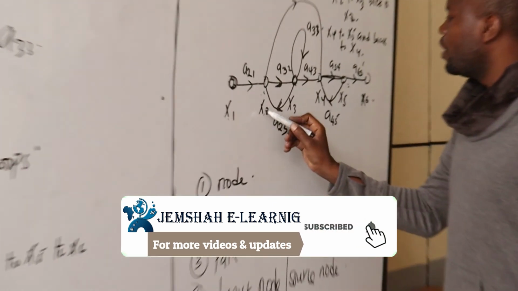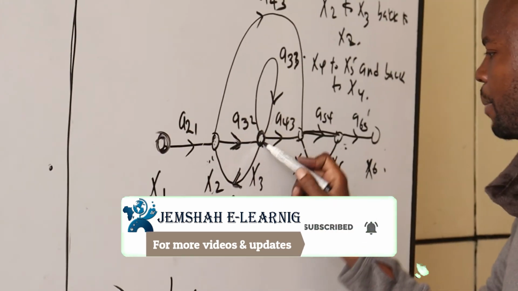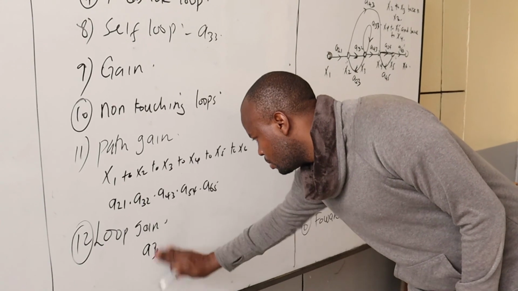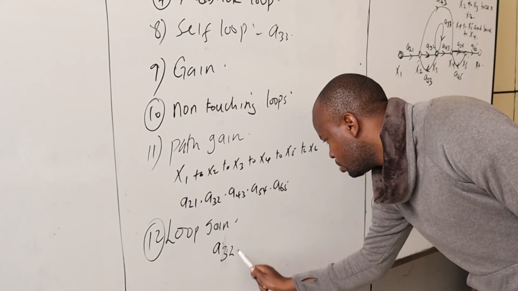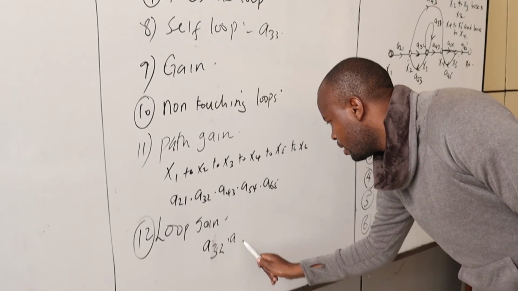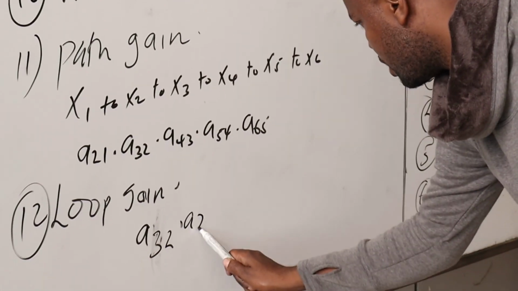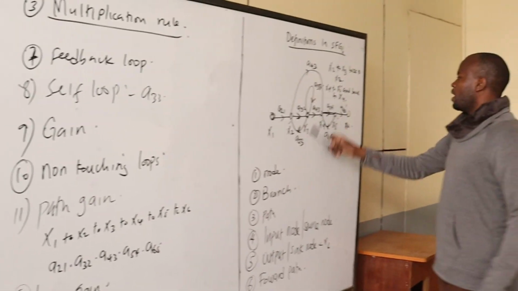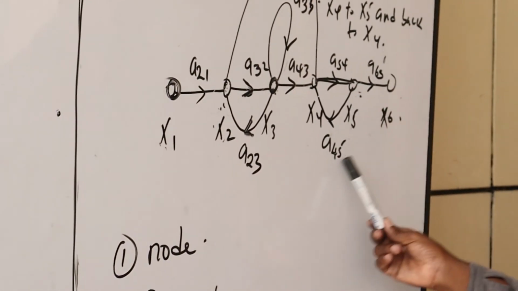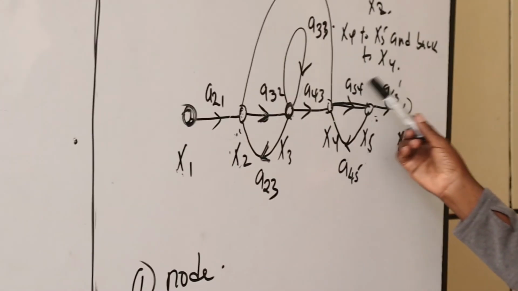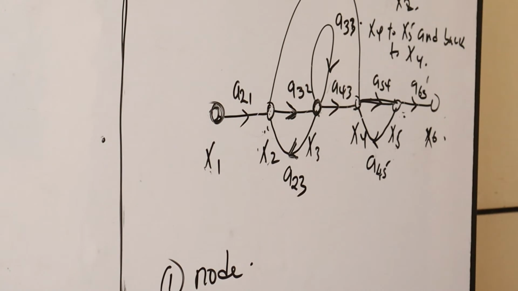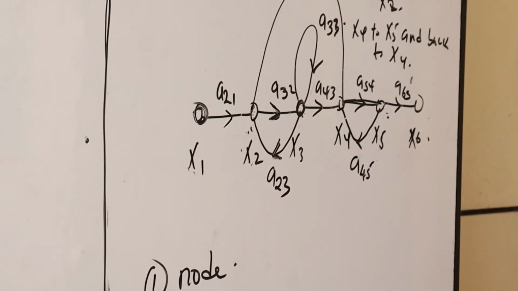Like in this case, we can talk of the loop x2 to x3 and back to x2 as having a loop gain of A32 times A23. When you talk about x4 to x5 and back to x4, it has a loop gain of A54 and A45. The product of the two will give us what we refer to as a loop gain.